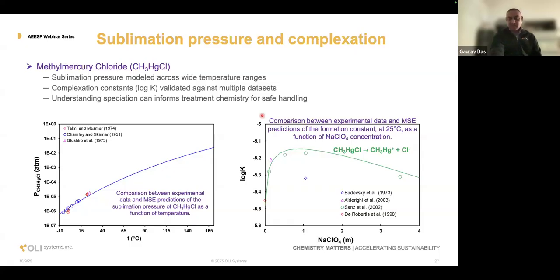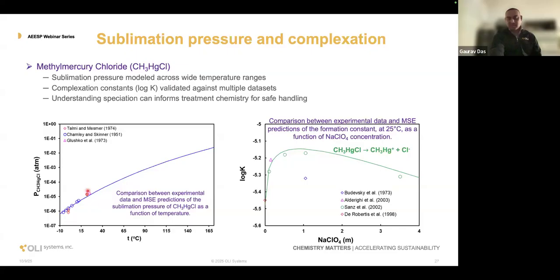Apart from dimethyl mercury, there are also indications that within this nuclear waste storage, other compounds such as methyl mercury chloride may be present. And methyl mercury chloride shows sublimation, which is the vapor-solid transition. There are some sublimation data that exist for methyl mercury chloride and have been modeled using experimental data, where the model has been able to predict beyond the availability of the experimental data, which is mostly available around room temperature.